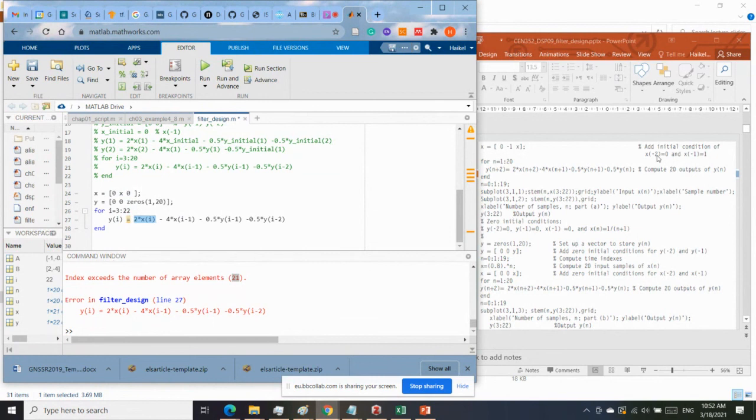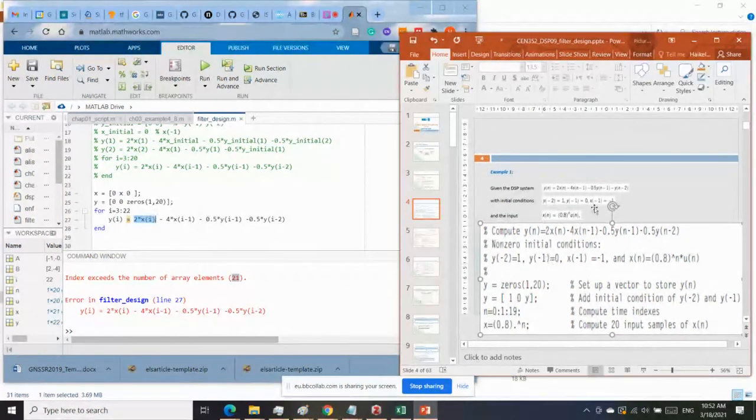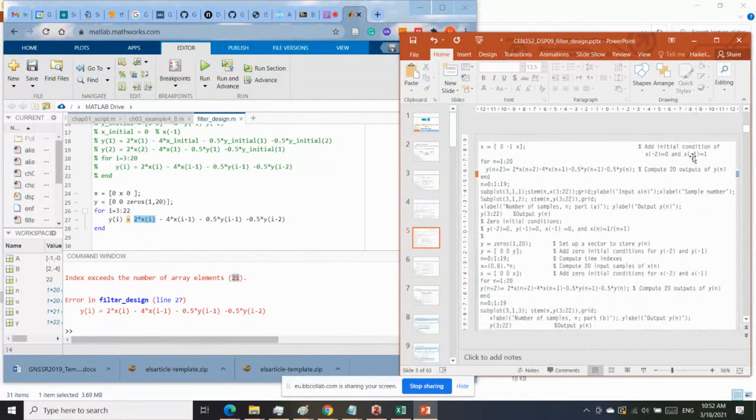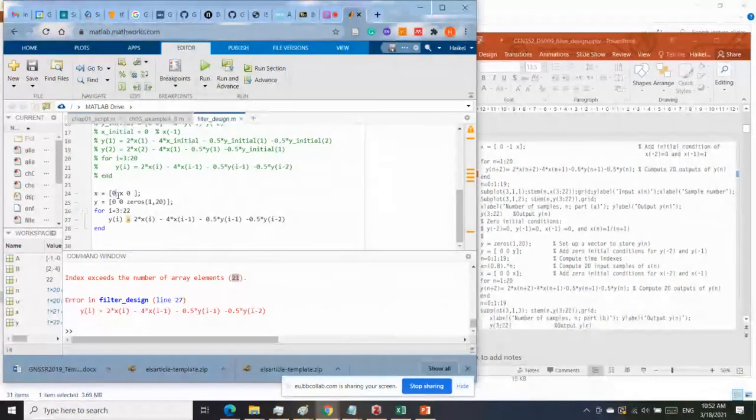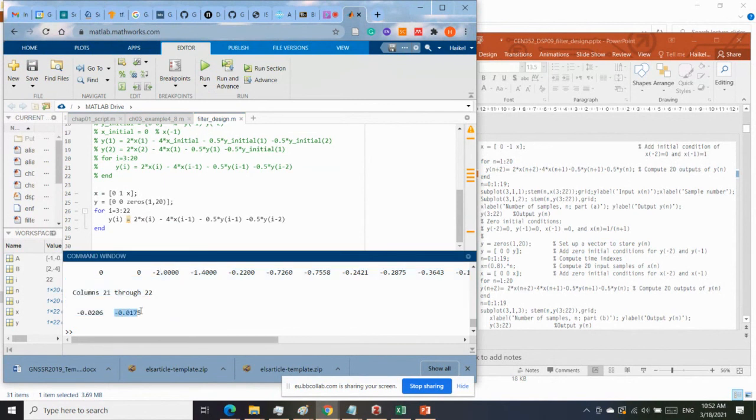Oh, the initial conditions are two values, at -2 and at -1. The problem has an error, missing x0. x at -1 is 1 and x at -2 is 0. Okay, just like y has two values, x at -2 is 0 and at -1 is 1. Yes. So now you can see it has computed all the values until x20.